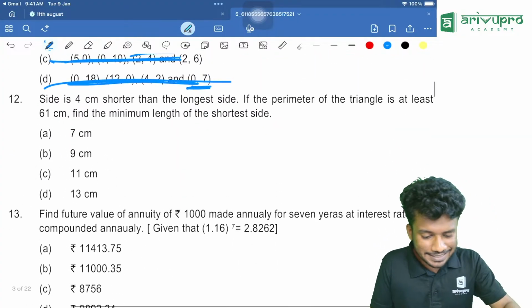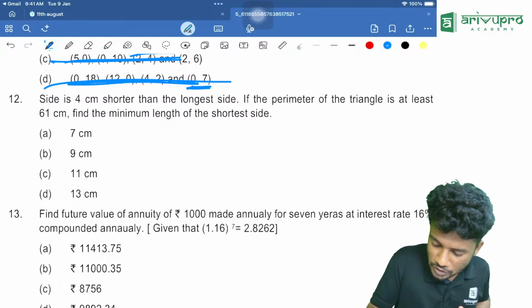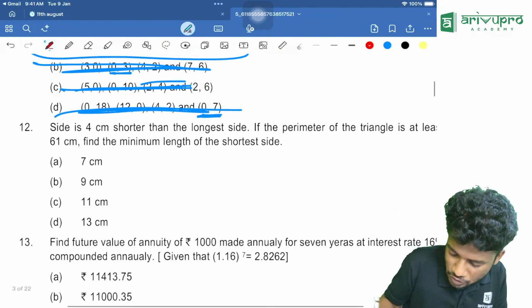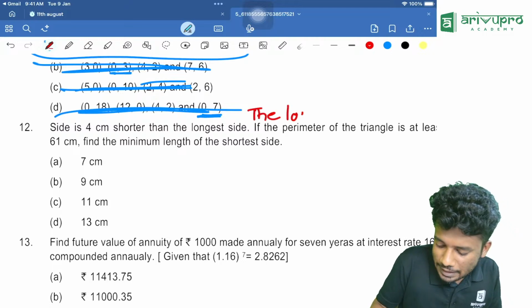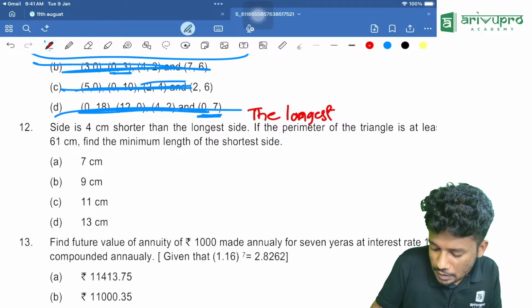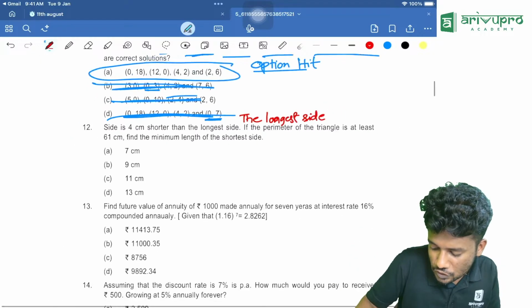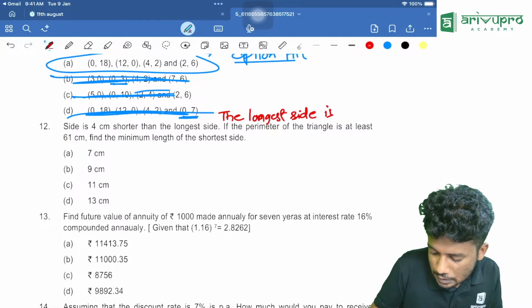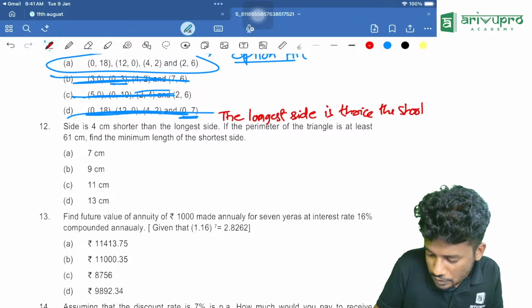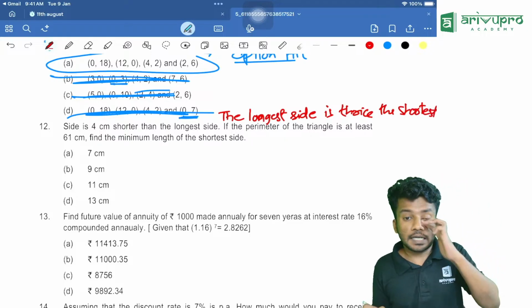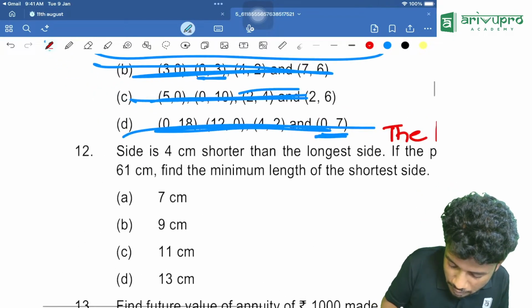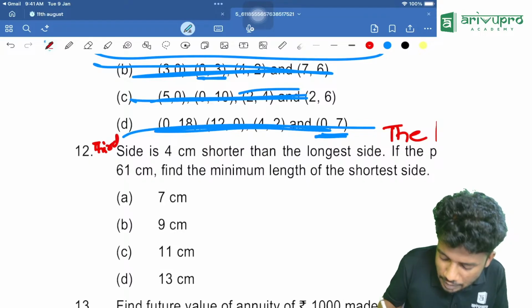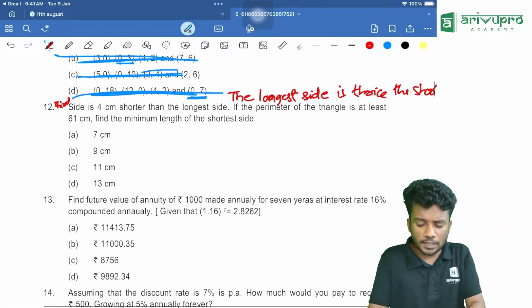This question is incomplete. Once again, yes. The question should be like this. The longest side is thrice the shortest, and the third side is 4 centimeters shorter than the longest side.